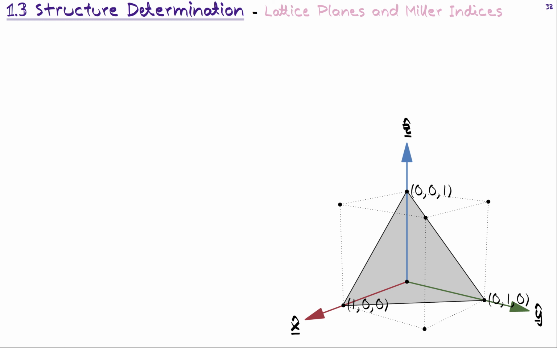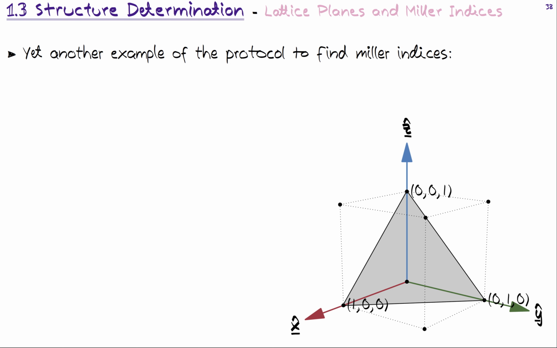And then yet another example. So now we have this kind of plane, and then instead of drawing a rectangle, we're now drawing a triangle, because we are only working in the cubic cell. And let's discover what are the Miller indices. And again, what we see is that we are intercepting. Okay, actually I have a mistake here.